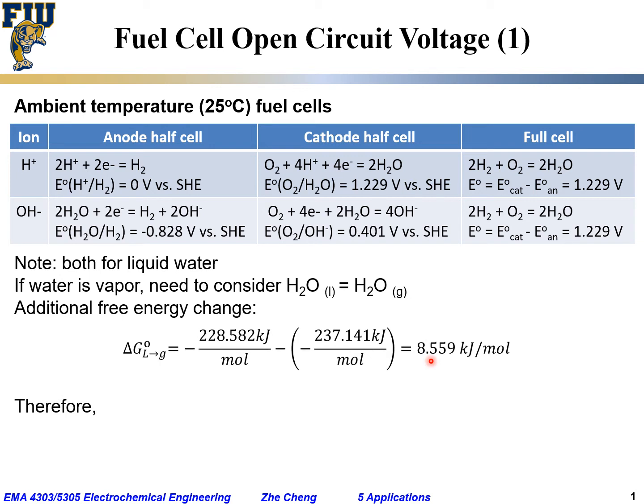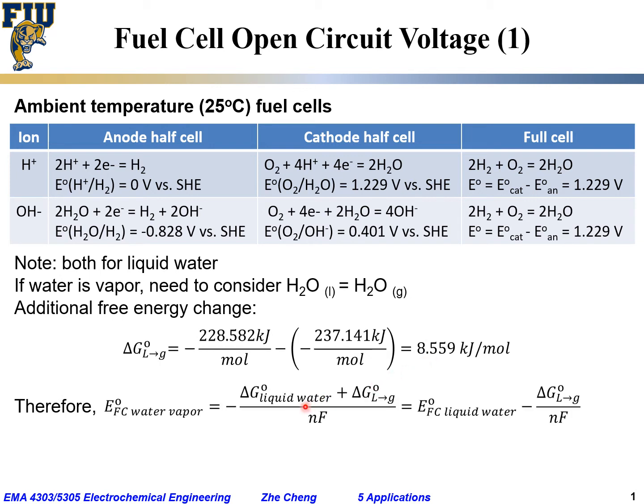Okay, and then if we consider the fuel cell standard potential, if we consider water vapor, it would be, remember what we said, the cell potential would be free energy change over minus NF, and the free energy change would be the fuel cell free energy change when we consider liquid water plus this additional step, the free energy change from liquid to gas.